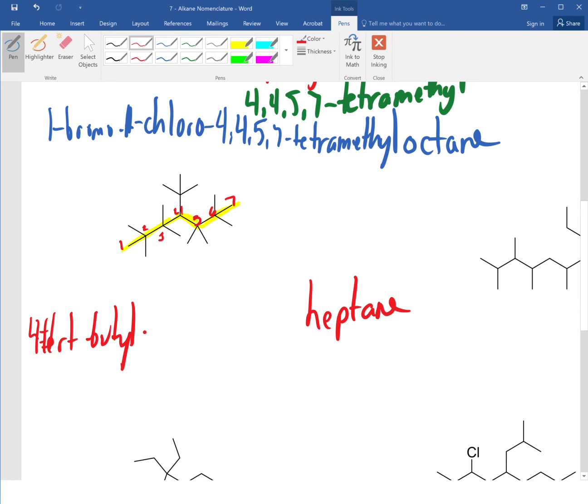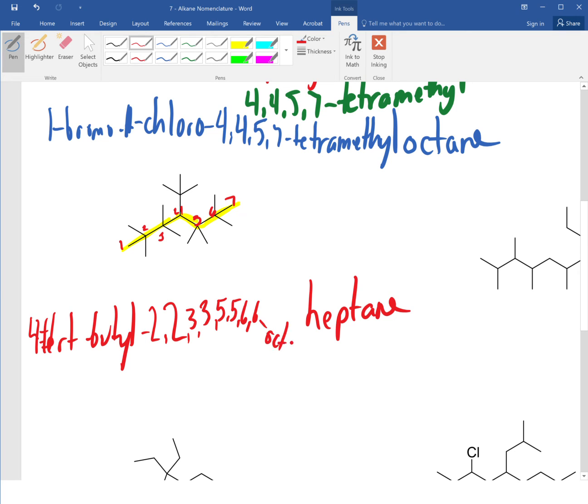How many of them? Well, we have 2 methyl groups on carbon 2, 2 on carbon 3, 2 on 5, and 2 on 6. So there's a total of 8 methyl groups.